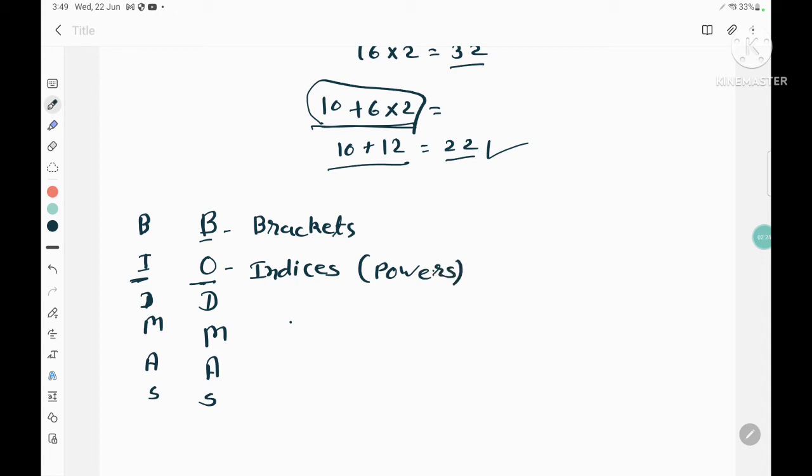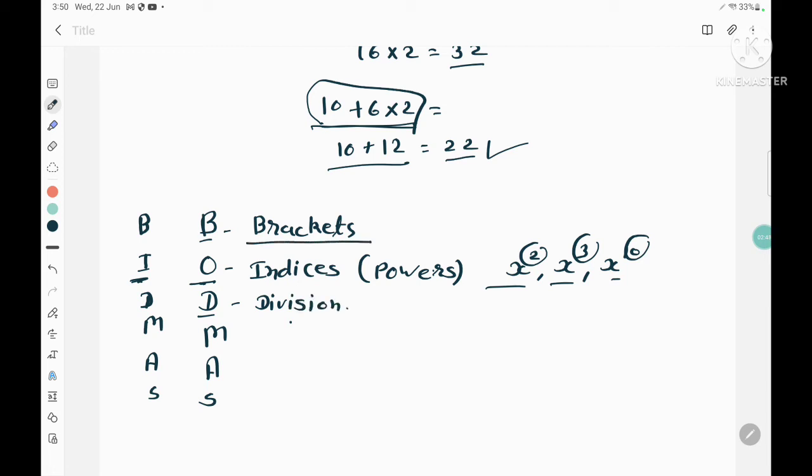If you are not sure, I tell you: if we say x to the power of 2, x to the power of 3, x to the power of 10, this is the power, which we also call indices. So whether you use I or O, it has the same meaning. D stands for division.